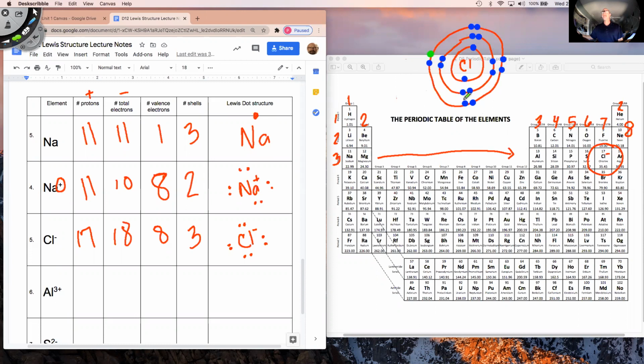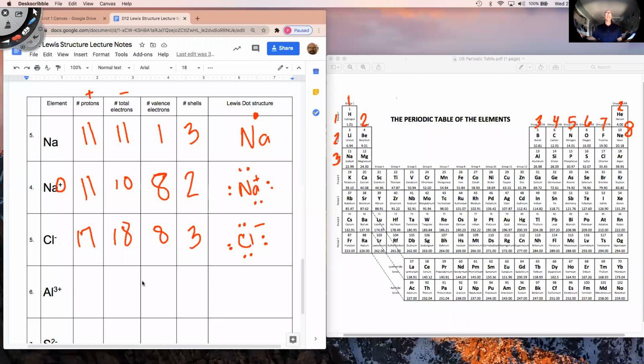And that would be the 18th electron. So that minus charge right there is that last electron, which means now chlorine has 18 total electrons, but on the outside, chlorine has 2, 4, 6, 8, and that's where the 8 comes in.